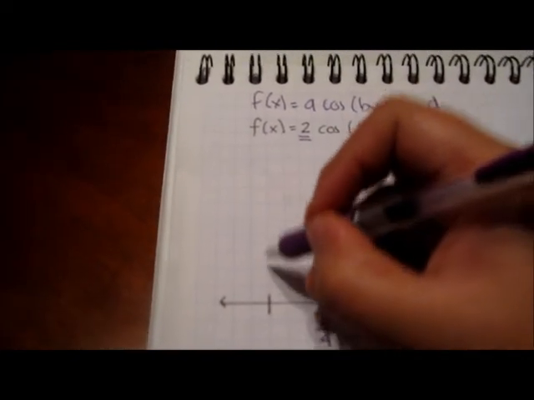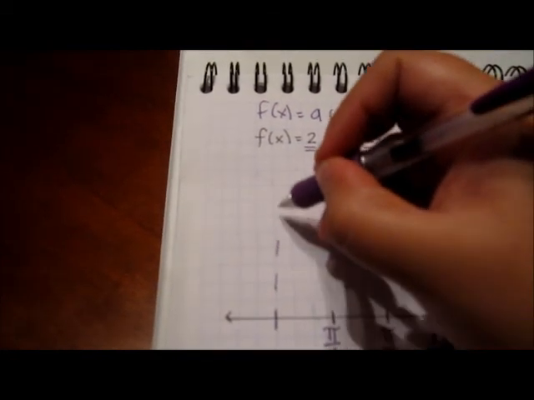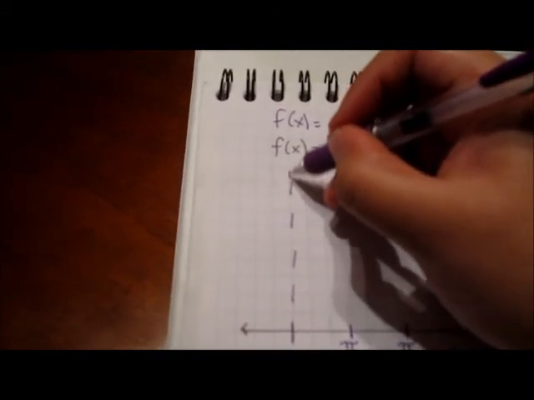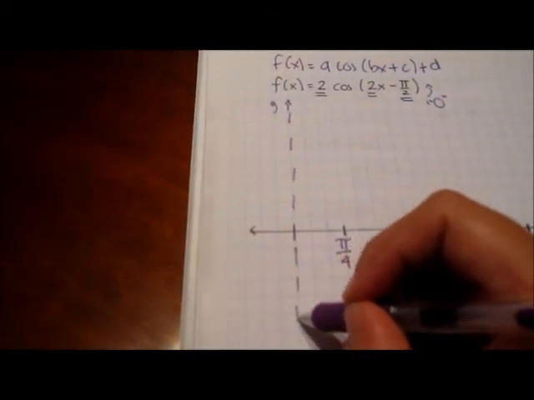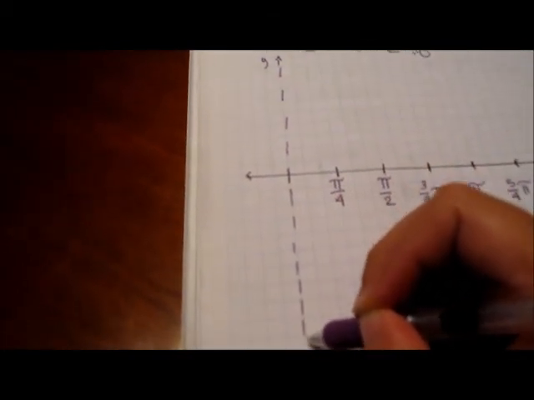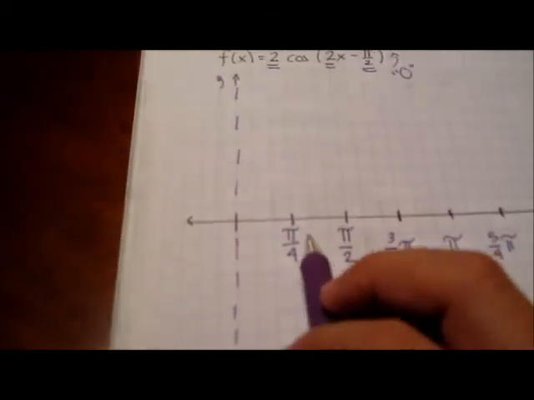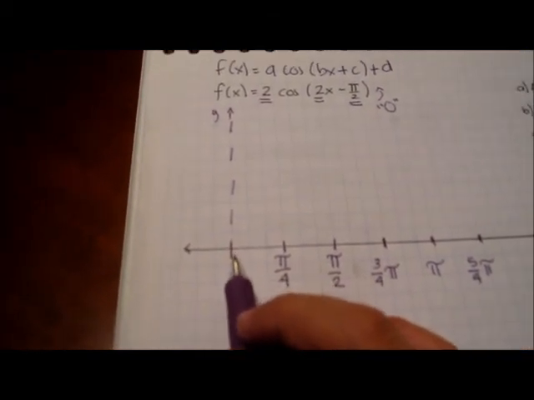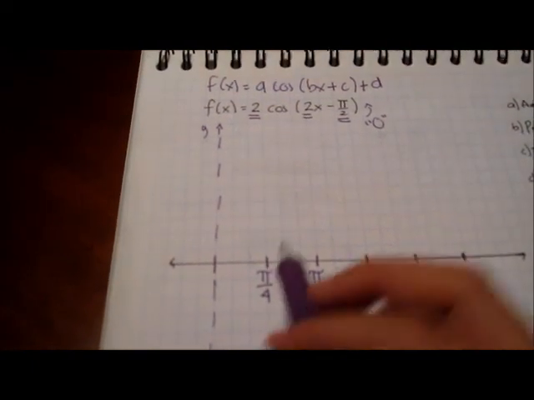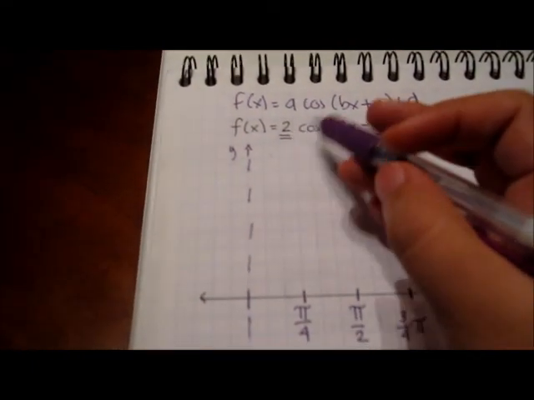My y is going to be here, and here. How do I know? Easy. My quarter minus a quarter is going to be 0. But I need to start here. And my amplitude equals 2.